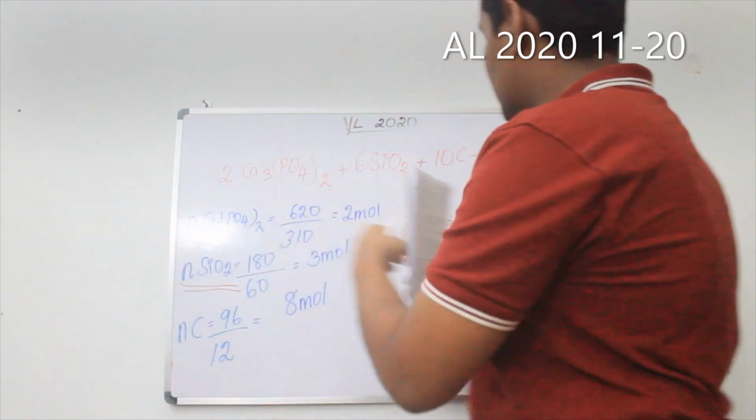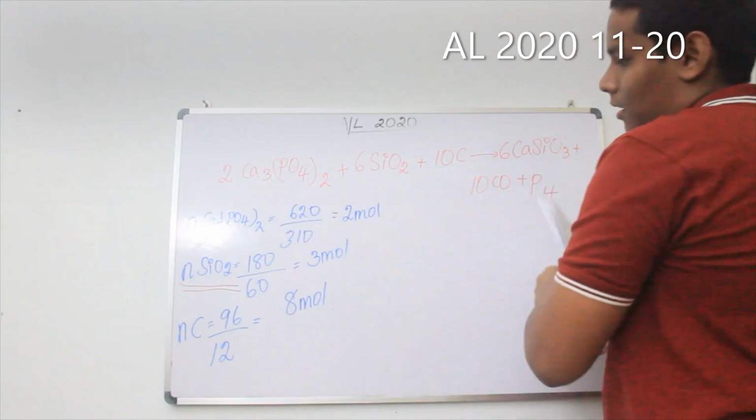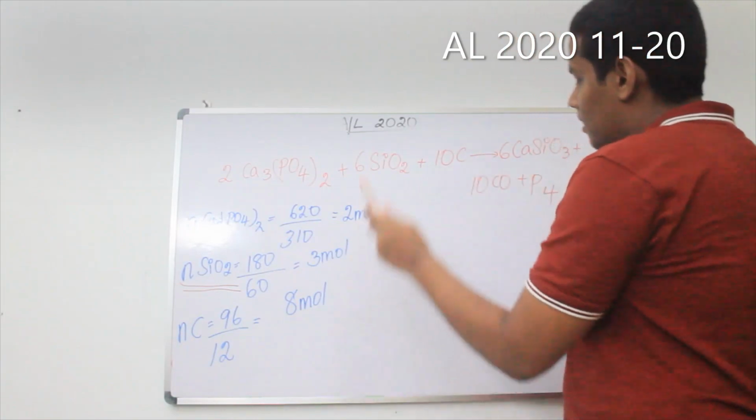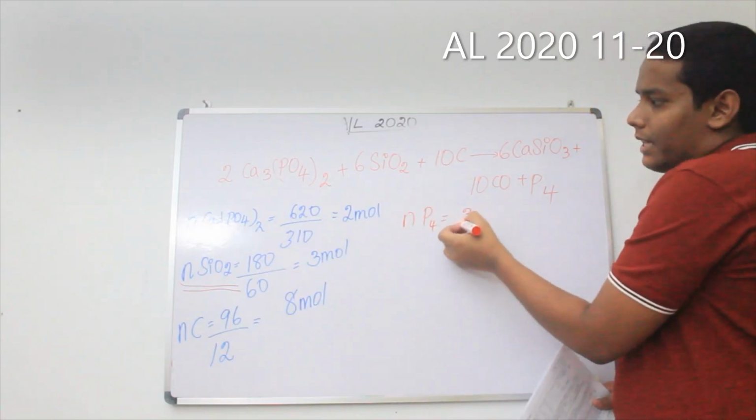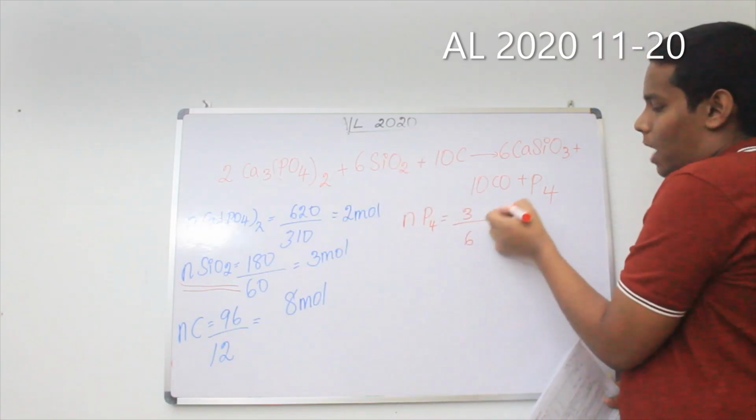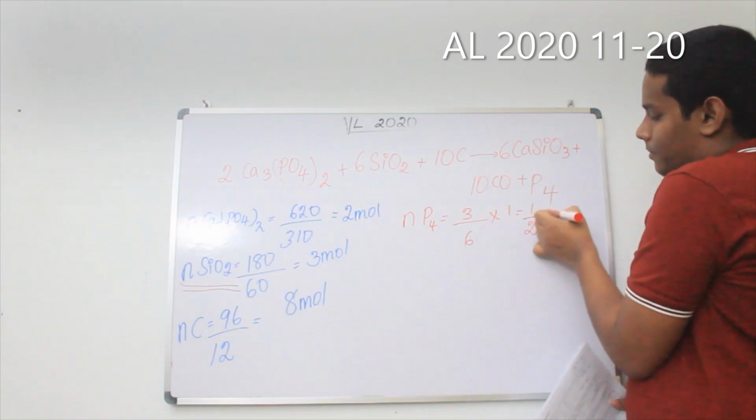Okay. Then they are asking us percentage yield. Now silicon dioxide is limiting factor. So number of moles of P4 formed is 3 divided by 6 into 1. That is half moles.